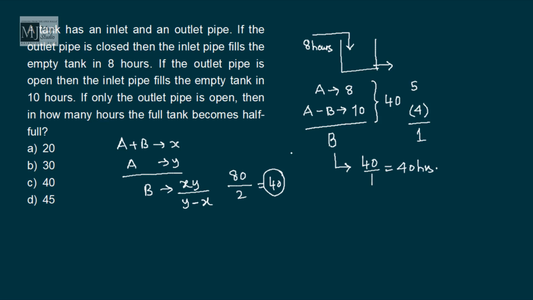So the outlet pipe can empty the entire filled up tank in 40 hours. Now the question is, in how many hours the full tank becomes half full if only the outlet pipe is open? So we'll just halve the time, that would be 20 hours. Option A.